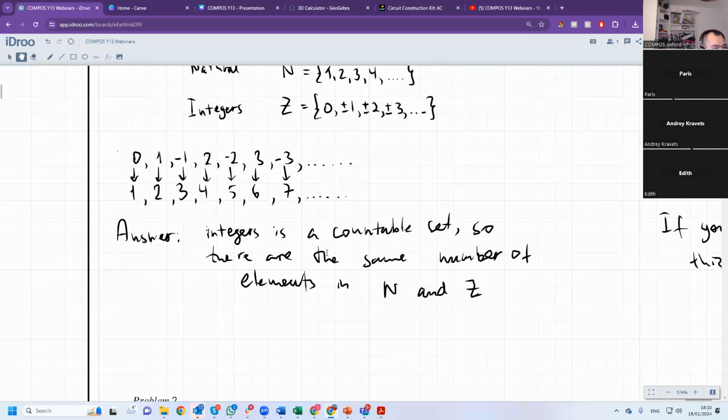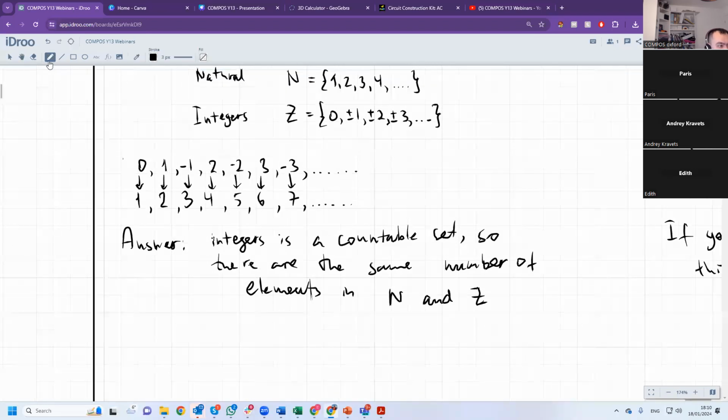You can think of a formula, but don't worry about the formula.